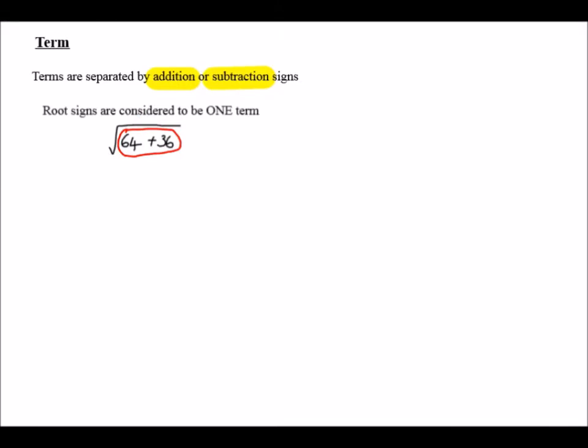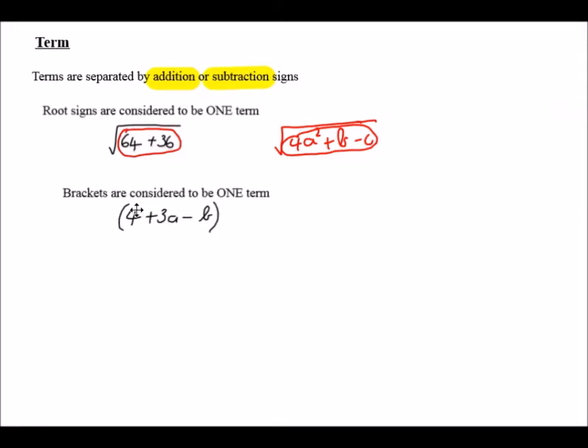So a root sign makes an expression one term. So even if I have 4a squared plus b minus c, that will still be one term because it's the whole expression under the root sign. Brackets also make an expression one term. So 4 plus 3a minus b is one term.